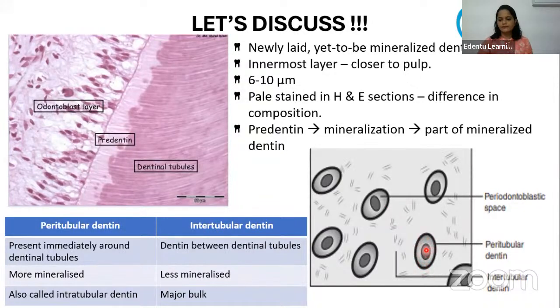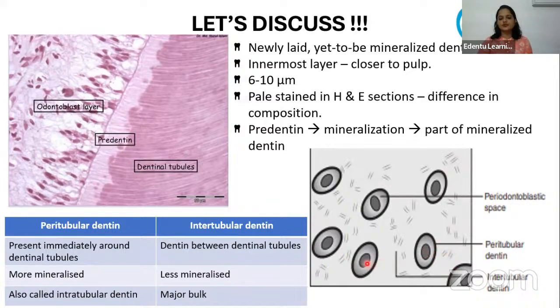Look at the image here. This is the dentinal tubule in the center, and around the dentinal tubule you can see this dentine deposition, which is called the peritubular dentine. It is also called intratubular dentine, and it is present immediately around the dentinal tubules. Whereas intertubular dentine means the dentine that is between the dentinal tubules.